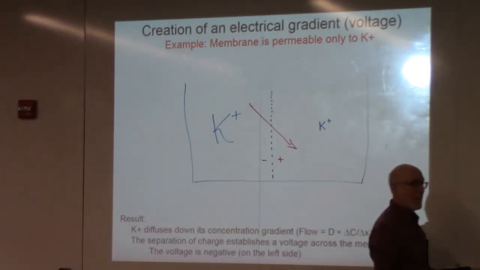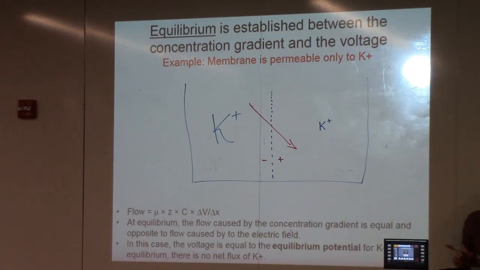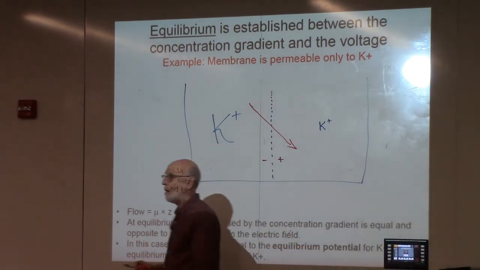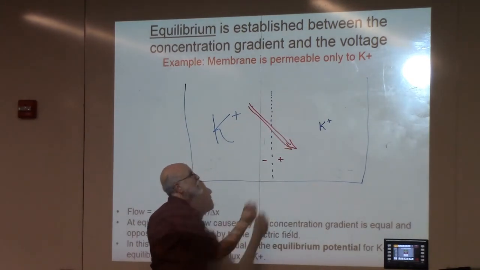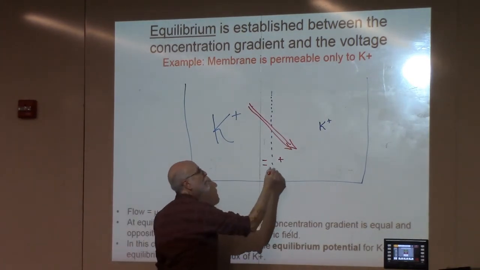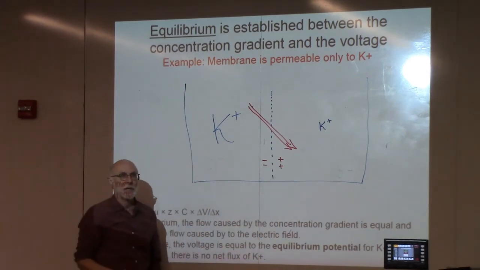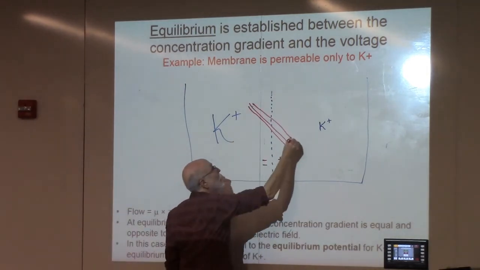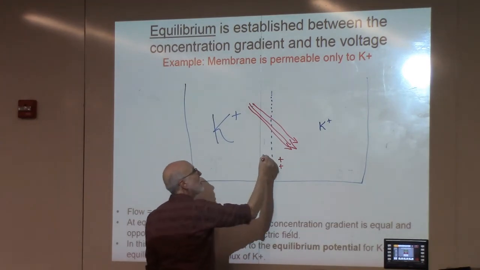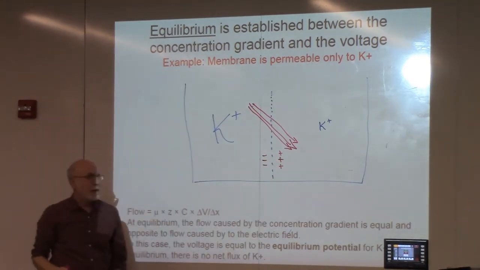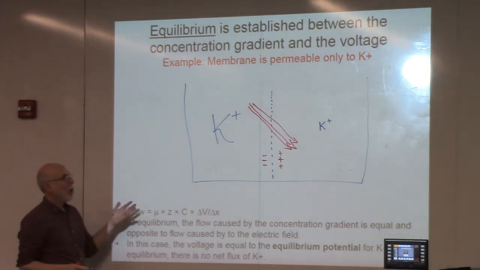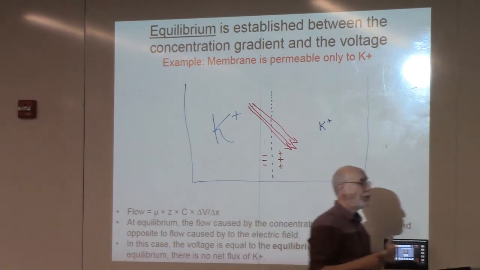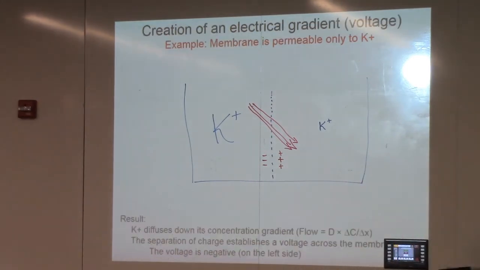Now, I'm just going to go to the next slide, but it's the same thing. Let's continue this. So another potassium ion flows down its concentration gradient and leaves behind a negative charge and deposits a positive charge. And another one goes, leaves behind a negative charge and deposits a positive charge. The flow due to the gradient, the chemical gradient, is the Stokes-Einstein equation.